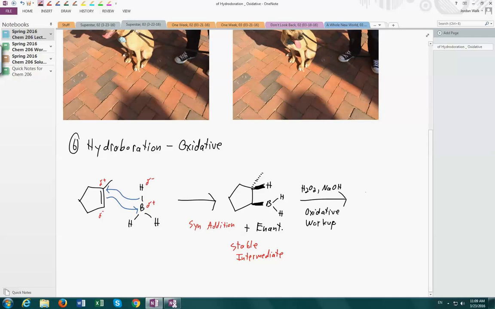What ends up happening is essentially our stable intermediate. We don't do any chemistry at the top carbon, but what happens is we cleave off our BH2, and that gets converted to an OH. And so importantly, we show the BH2 here on a wedge. We're also showing the OH on a wedge, and so we are going to retain our stereochemistry when we convert it from the BH2 to the OH.